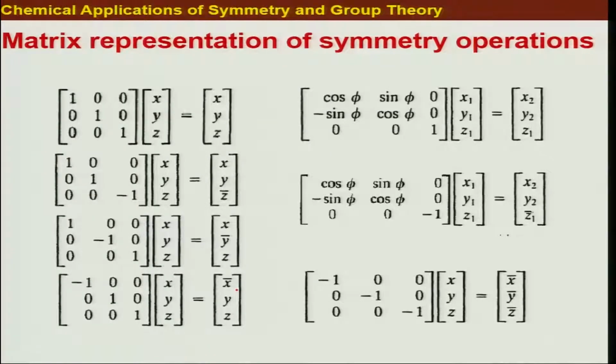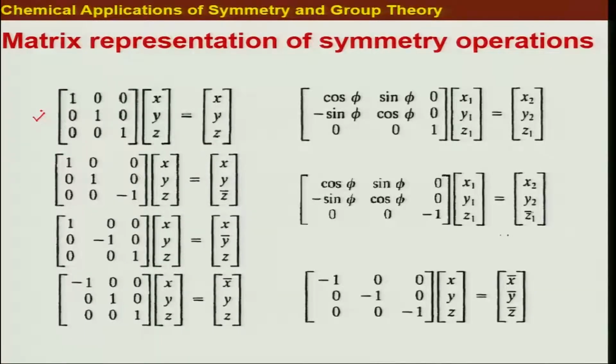Okay, so we can verify whether these matrix representations are giving back the same modifications of this x, y, z column vector as that would be given by the symmetry operators itself. So for that, if we look at the screen, this one is the identity matrix, which represents the identity operation. So when it operates on the x, y, z column vector, it gives back the x, y, z column vector itself. So it retains its property.